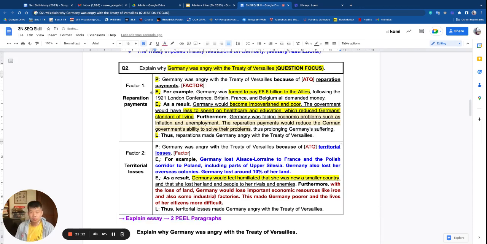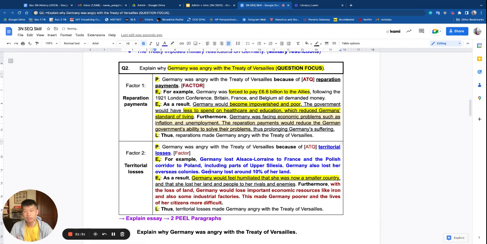And the PEEL, point, evidence, explanation, and link, I have demonstrated it for you here. I hope that this has been a clear exercise, that you understand now what is PEEL and how that flows.